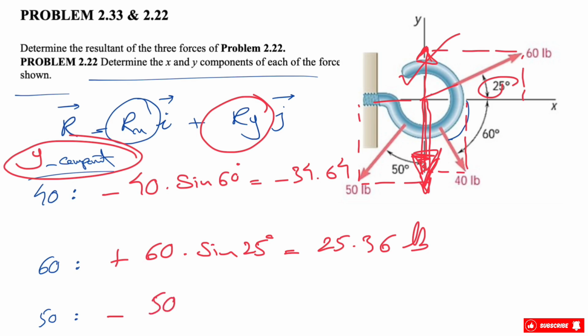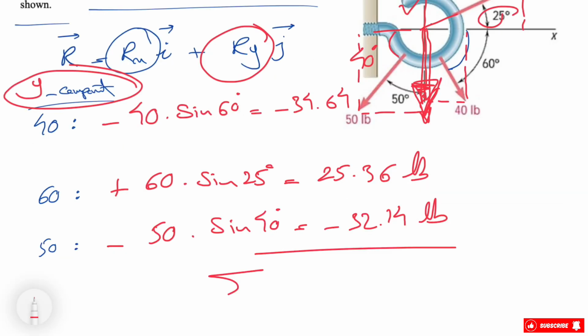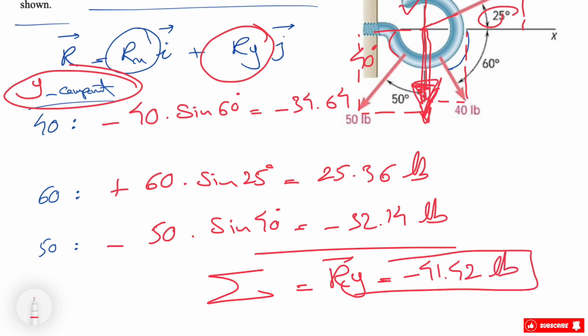The magnitude is 50, and if we want to find the y component, we know again the angle with x-axis is 40 degrees, so the sine of 40 degrees will be the y component, and this one would give us minus 32.14 pounds. Again, we're going to add everything, and this would give us Ry, and we will have minus 41.42 pounds as our Ry.